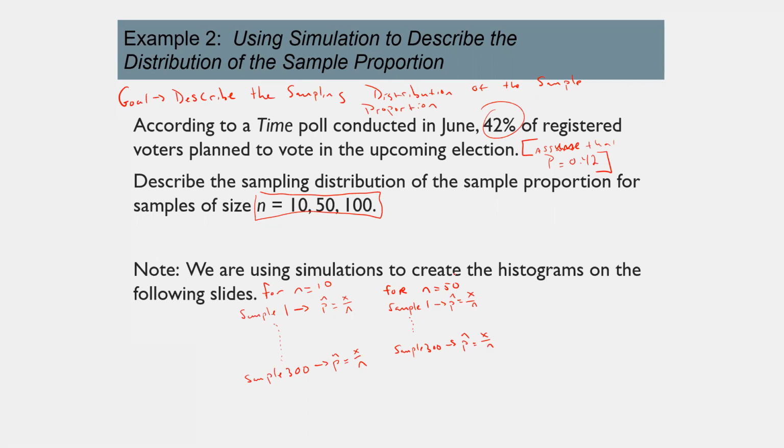So again, I'm going to have 300 different p hats. And then I'm finally going to do this for 100. I'm going to call 100 people and ask, do you plan to vote? And I'm going to do that 300 times. So in each case, I'm going to have 300 p hats.